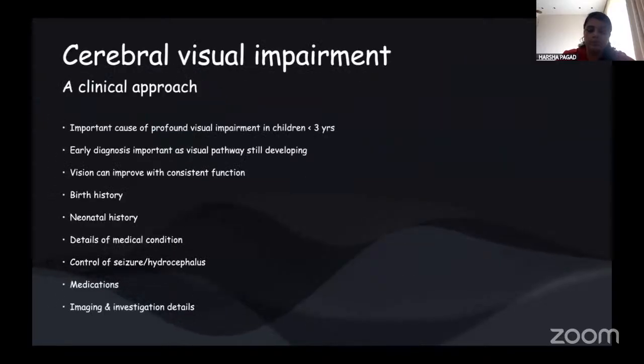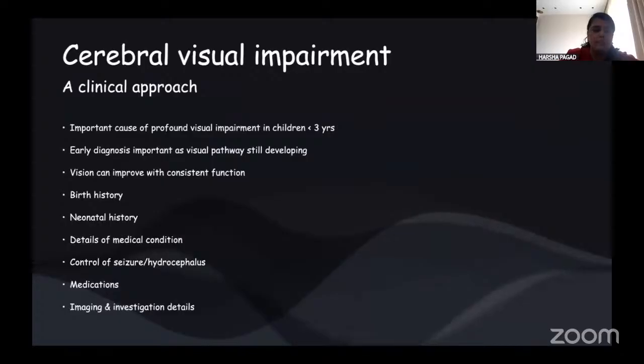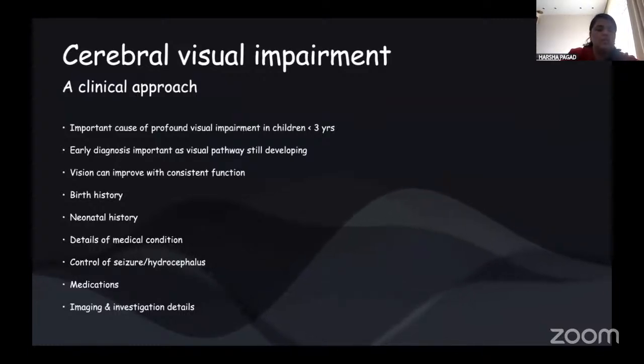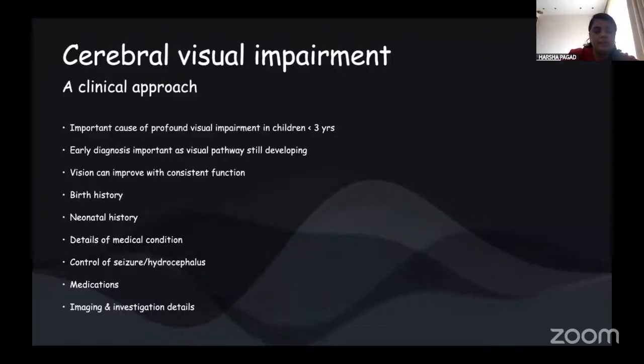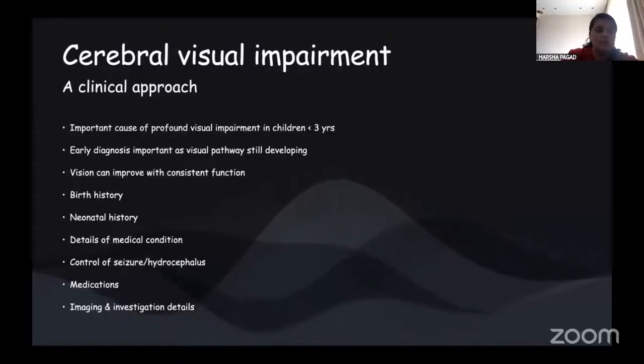So here we come to the topic of cerebral visual impairment, where there is damage to the visual pathways because of hypoxia, hypoglycemia, and other risk factors like intraventricular hemorrhage and trauma during birth. So this is an important cause of profound visual impairment in children. Early diagnosis is important as intervention can help in bringing back some vision.